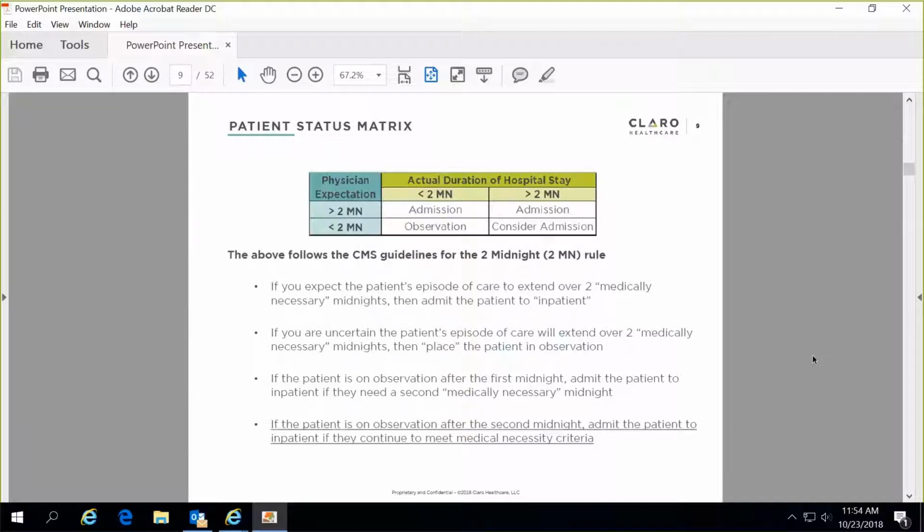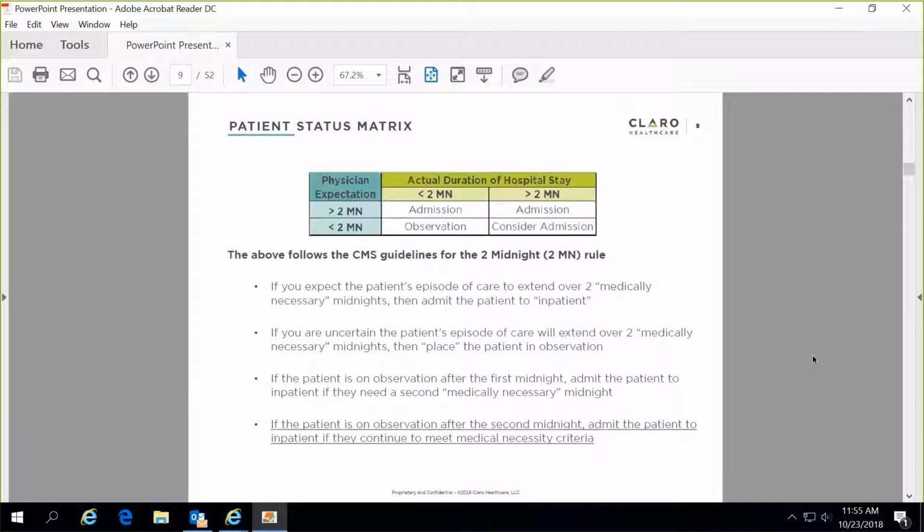Here's a matrix. If you're thinking greater than a 2 midnight stay, then you should probably consider inpatient, that it's going to take more than 2 midnights to take care of this patient. But again, we still need that medical necessity met too, and we need that documented.